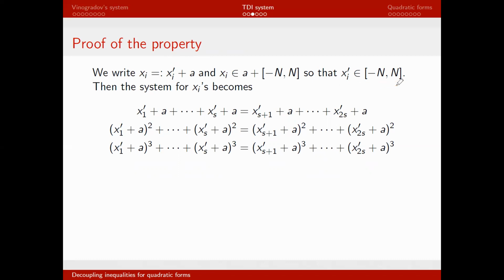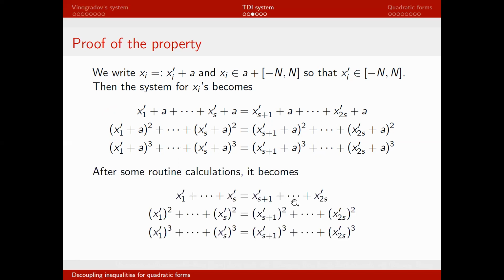And after replacing xi by xi prime plus A, we get this system of equations. And if we do some simple calculations, we can easily see that this system is equivalent to this new system.